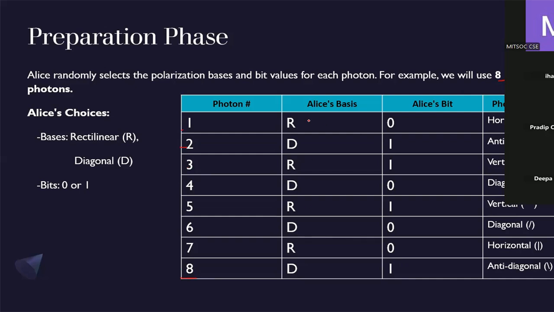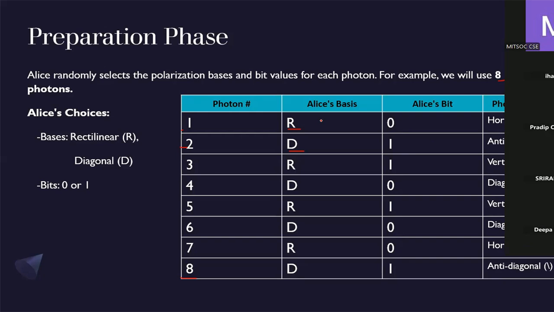And Alice uses the basis R, rectilinear, and D, diagonal. So something R D something. Alice has chosen the polarization basis, right? And according to that, she has assigned the bits like 0, 1, 1, 0, 1, 0, 0, 1.